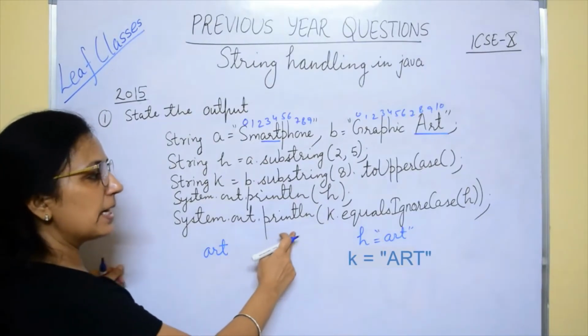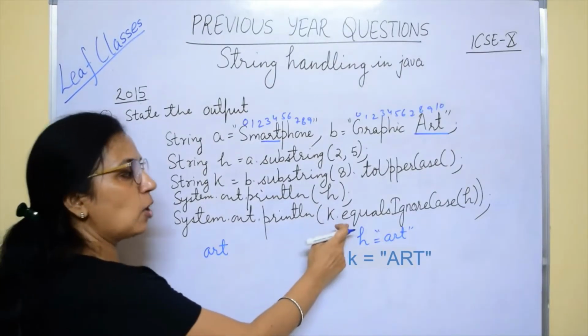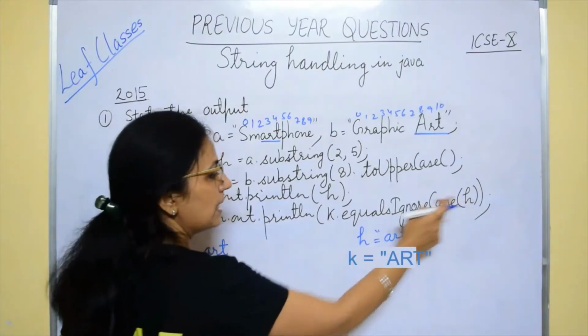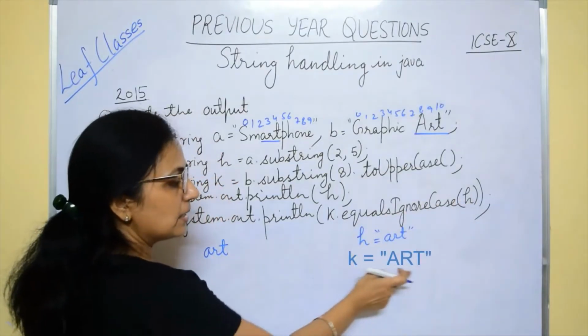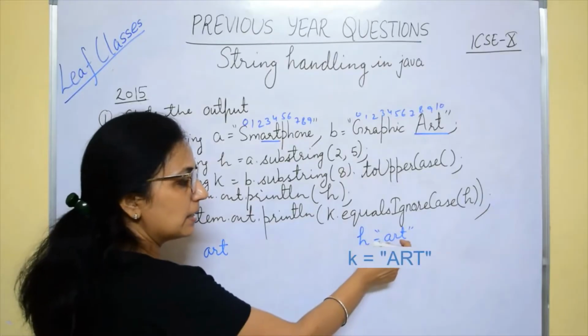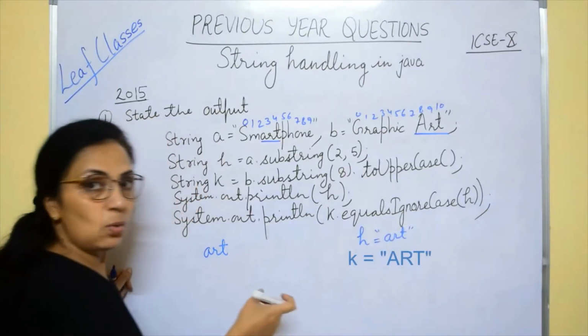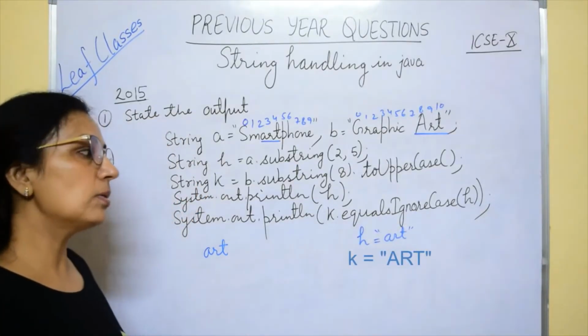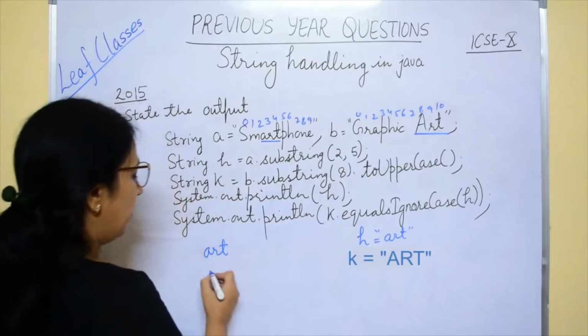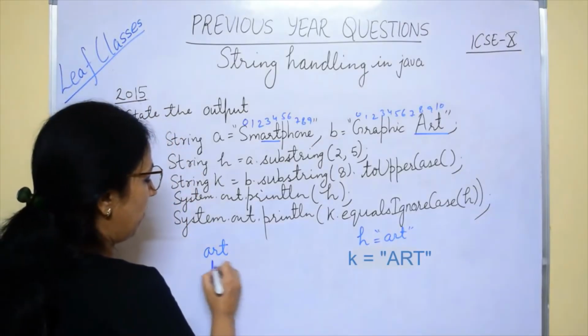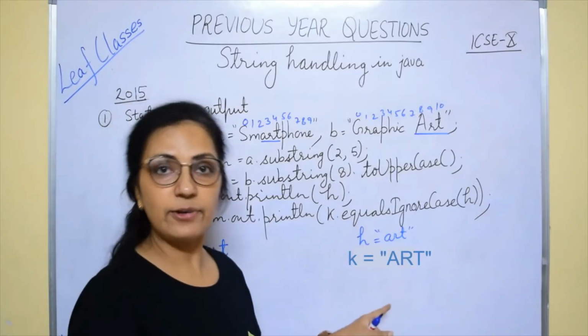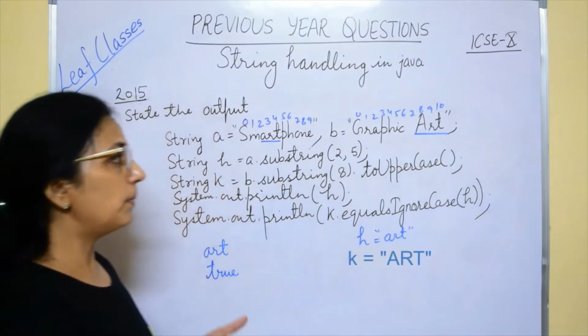Then the second print statement says K dot equals ignore case H. K is ART in capital, H is art in small, but since equalsIgnoreCase function is used, the output will be true because it will compare character by character after ignoring the case. So I hope this is clear.